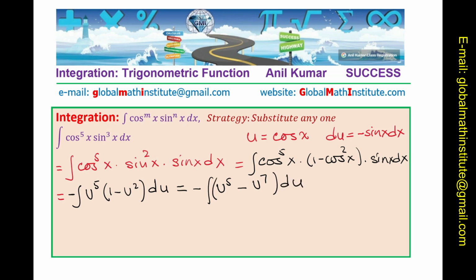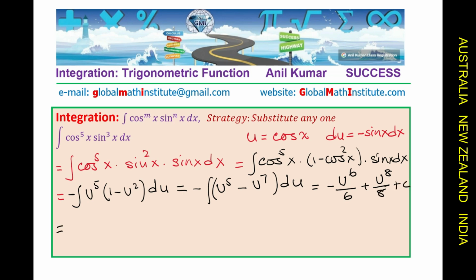du. And now we can integrate using the power rule. So we get u to the power of 6 over 6 plus u to the power of 8 over 8 plus c, right? And that gives us minus, u is cos, right?